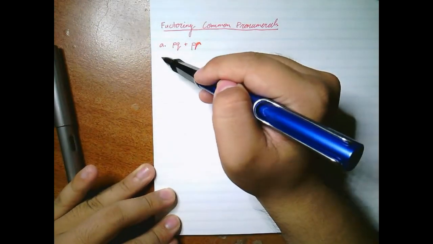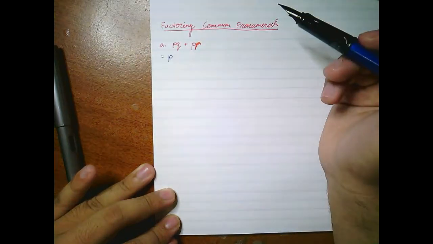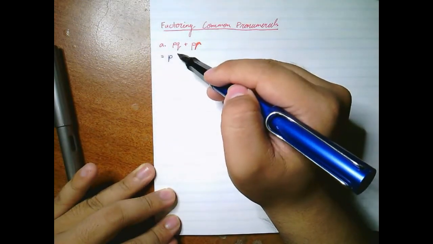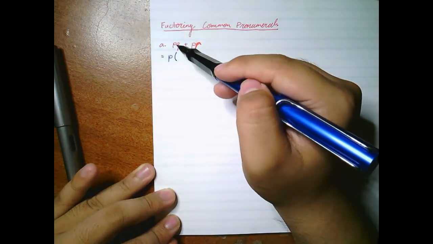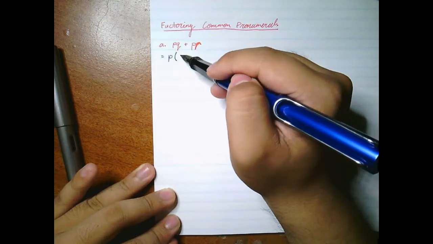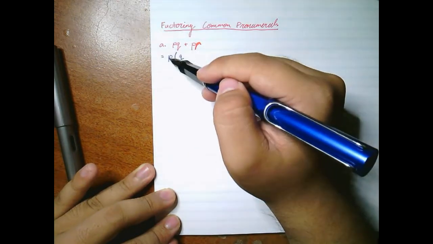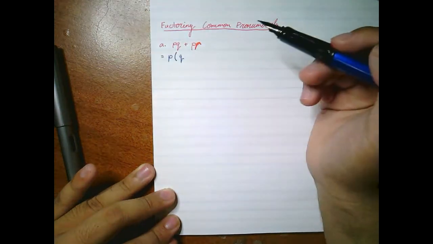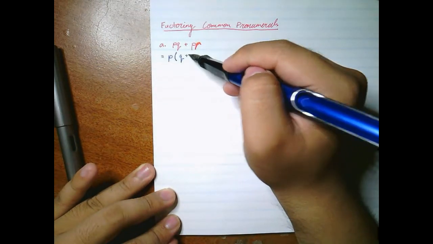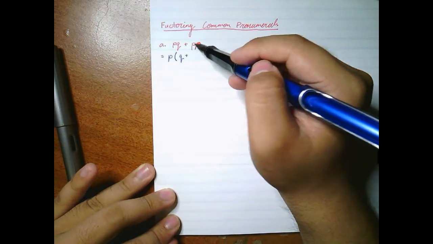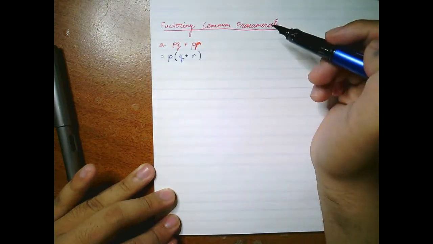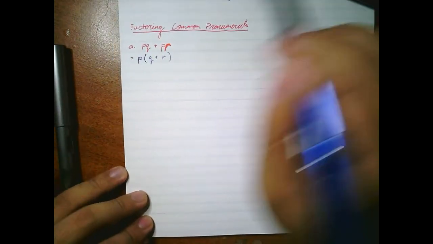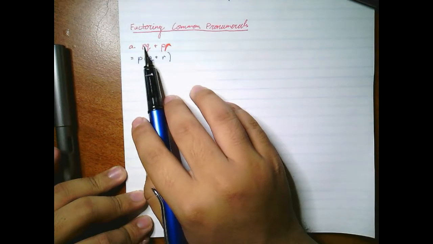Well, P is, so P is going to be on the outside. P times what gets me PQ? Well, Q does, because P times Q is PQ. Plus P times what gets me PR? Well, R does. So notice how, if there's a letter that's common to both of them, we can factor it out.